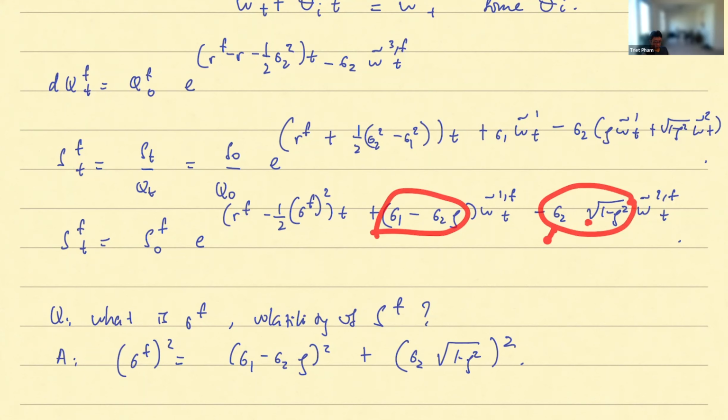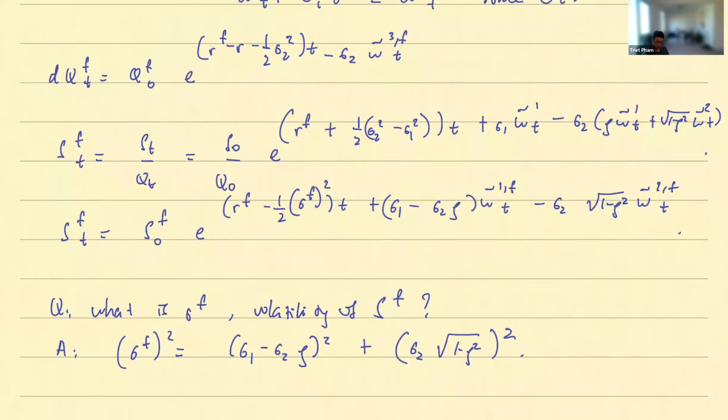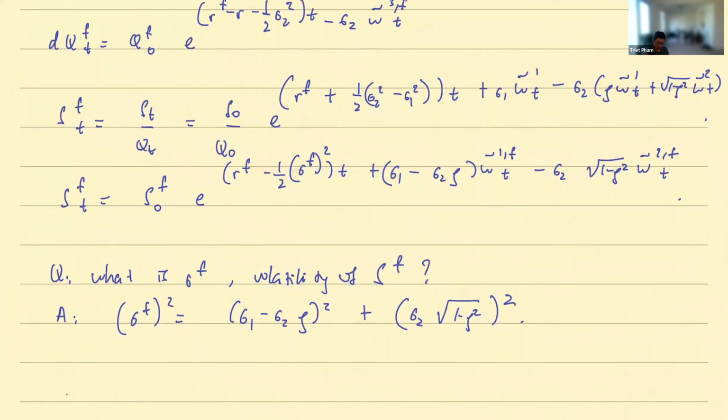Whatever that is, you take the square root, or you just take the square and you tuck it there. In other words, the answer to our question will be this: dQf will be RF minus R QFT dt minus sigma 2 QFT dW tilde 3.